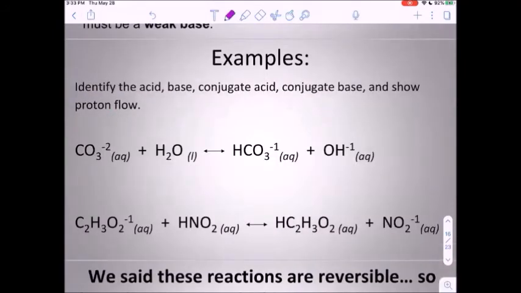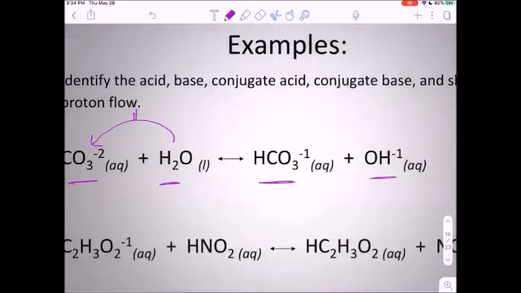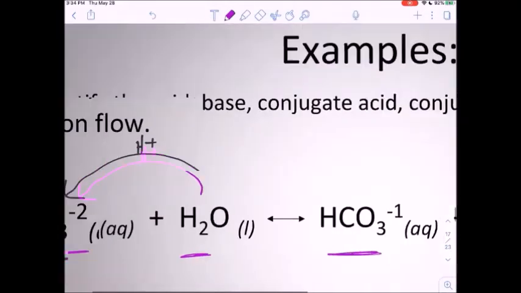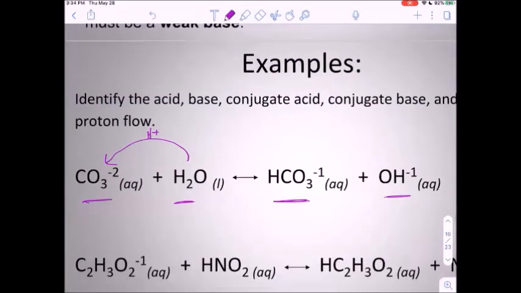Looking at the left and right hand side of the equation, I can see that my CO3 2- gains a hydrogen on the right hand side, whereas my H2O loses a hydrogen. That means that this H2O must be donating a proton. To show my proton transfer there, I'm going to write H plus above it. So that's how you show your proton transfer.